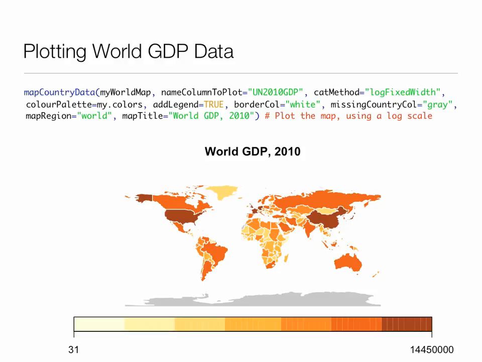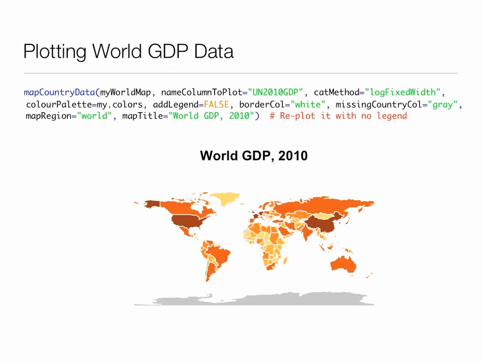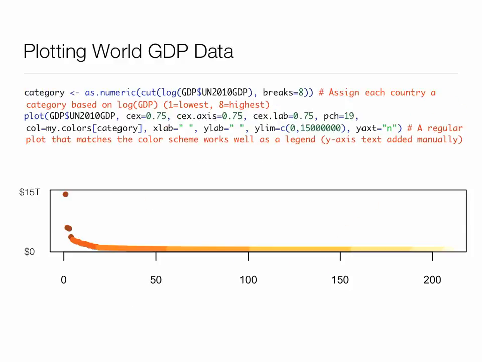So one thing you can do is use exactly the same command, except change add legend from true to add legend equals false, right? So we just get rid of the legend. But now, even though you might be able to figure out darker is bigger and lighter is smaller, it'd be nice to have a legend that has some sort of information in it. So let's go back to the original plot of GDP, and let's create 8 categories using the cut command.